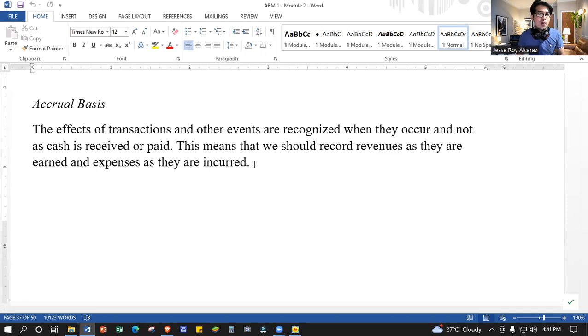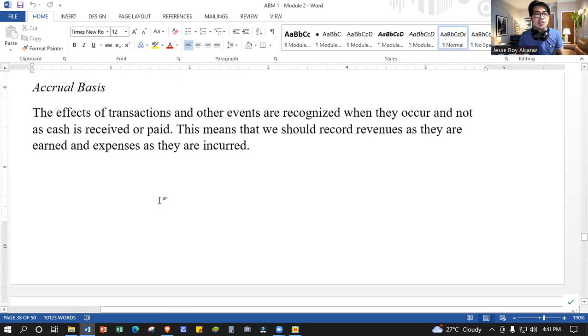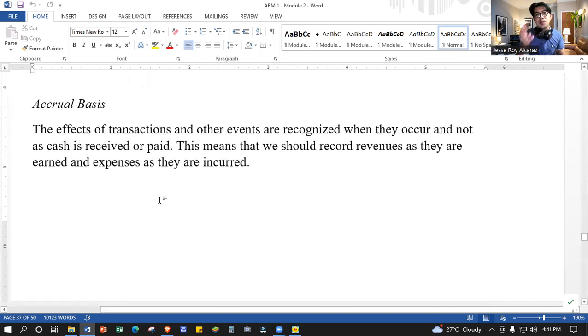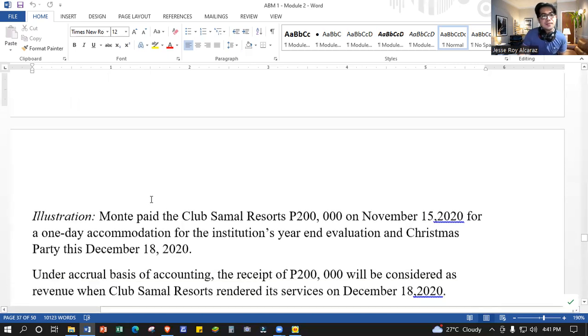This is the opposite of the cash basis, because in the cash basis, we only record income when we receive cash and we only record expenses when we pay out cash. But in the accrual basis, income is recorded when it's earned and expenses are recorded when it's incurred.